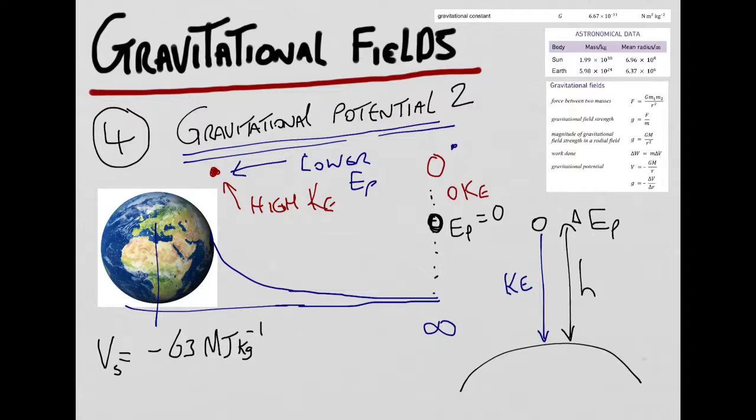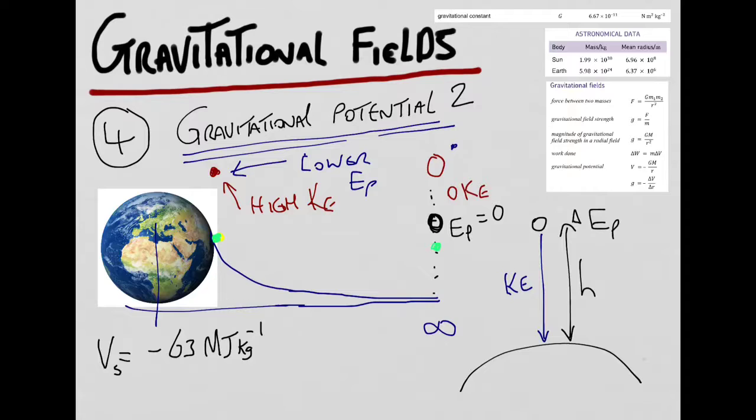Now we have a situation, for instance, a point here on the surface of the Earth, and the gravitational potential is minus 63. We have a point here where the gravitational potential would be 0.